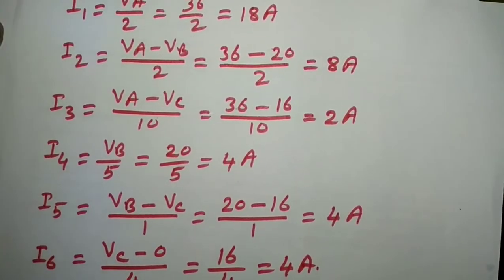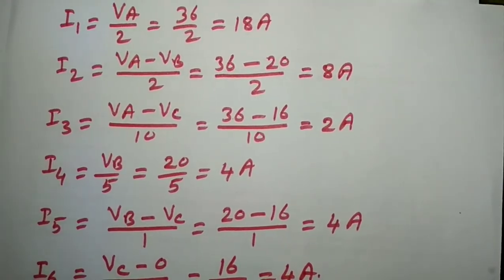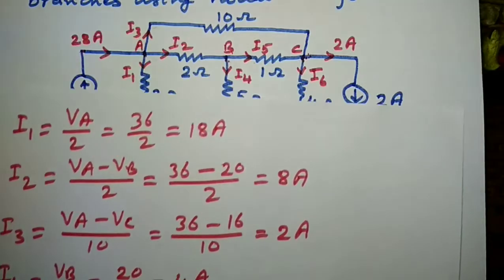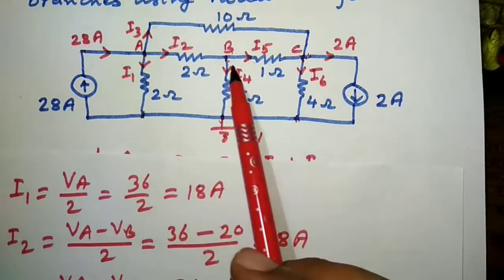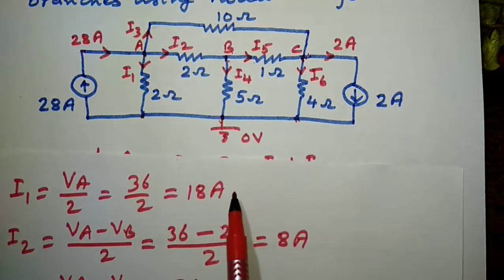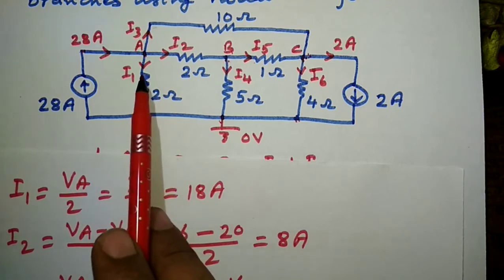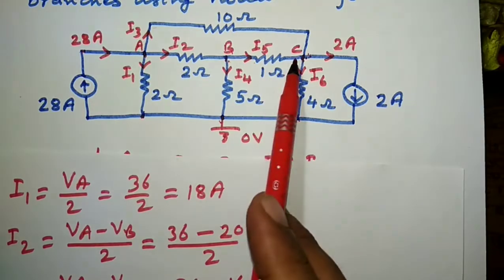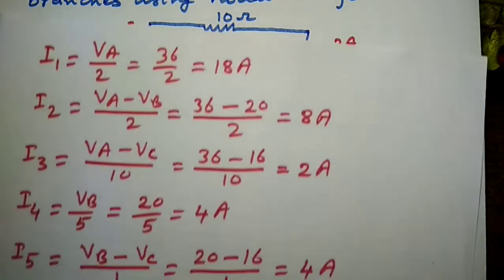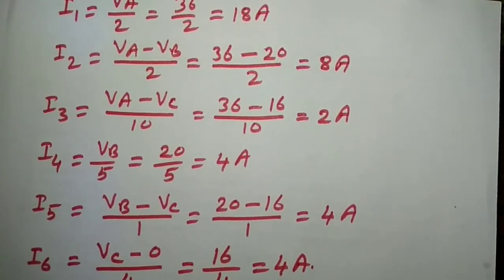In this circuit, you can check the answers by using KCLs also. You have got various values I1, I2, I3, I4, I5, I6. So if you put the values, you can see that the KCL will be satisfied at each and every junction. So this is our final answer.